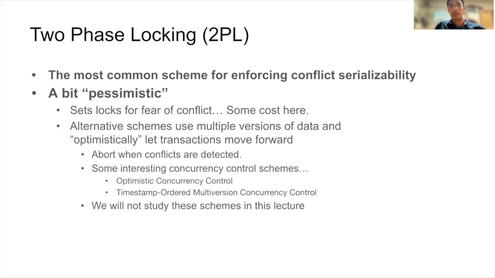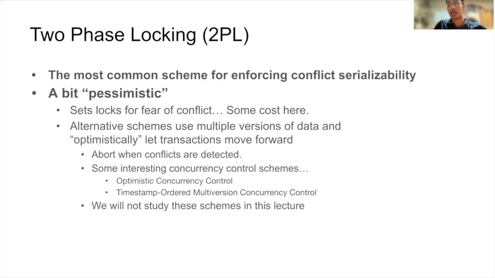So the scheme we're going to talk about today is called two-phase locking, and this is the most common scheme for enforcing conflict serializability. This is a bit pessimistic. Like a lot of things in this course, and especially in this unit, it sets locks for fear of conflict. And so you can imagine that there's some cost here associated as a result.